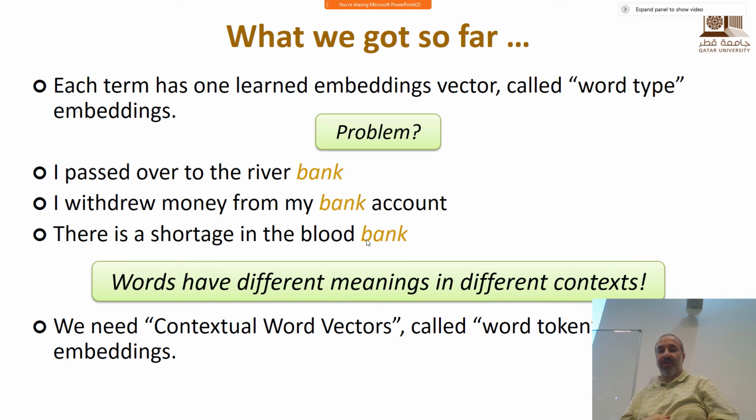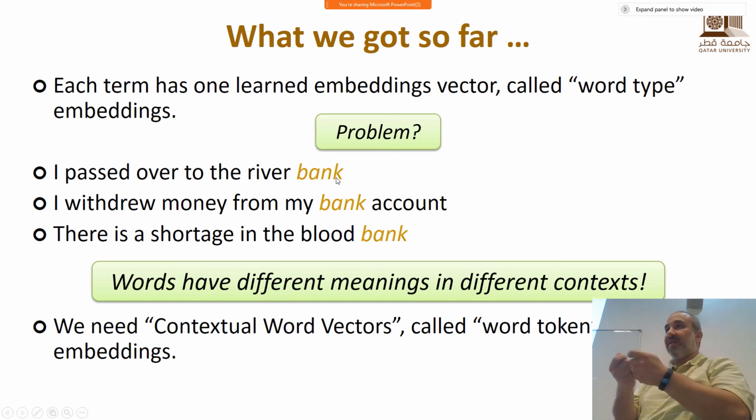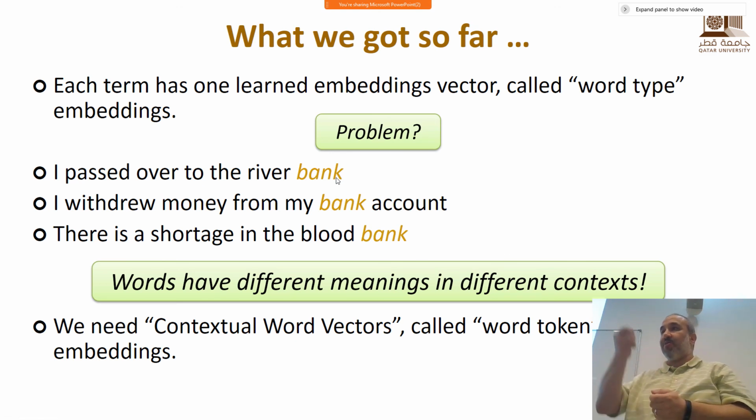Okay. So that was a shortcoming or disadvantage of Word2Vec and its family. And there are methods to really learn embeddings given the context. The goal for these new models is that if I give this sentence to the model and ask for the embedding of bank, it will give me an embedding vector.